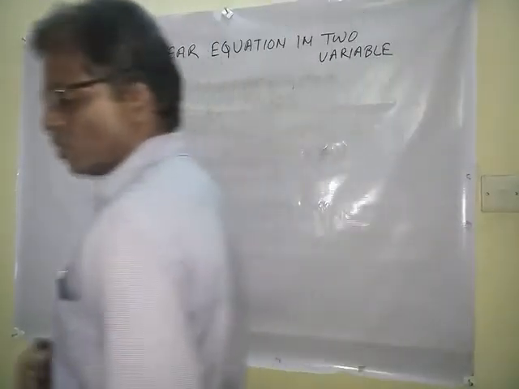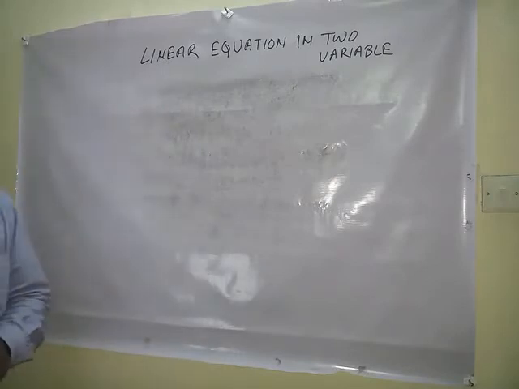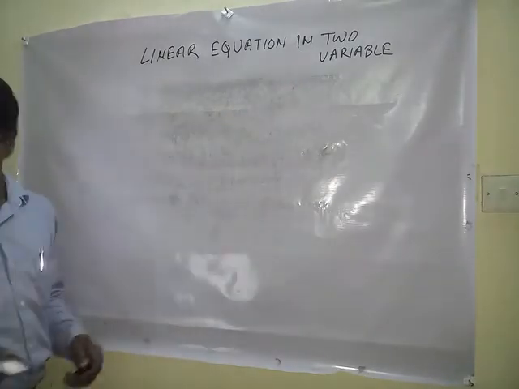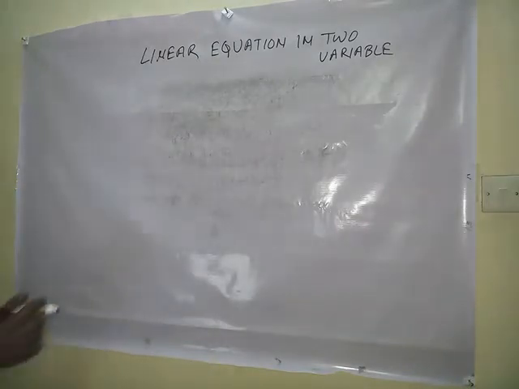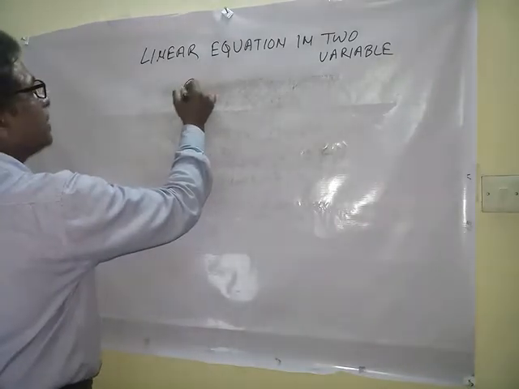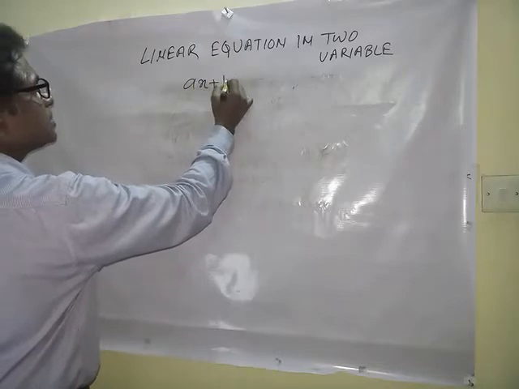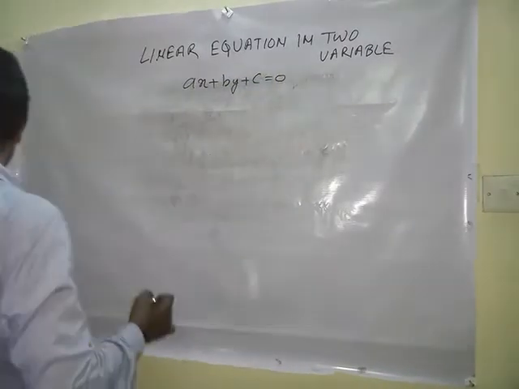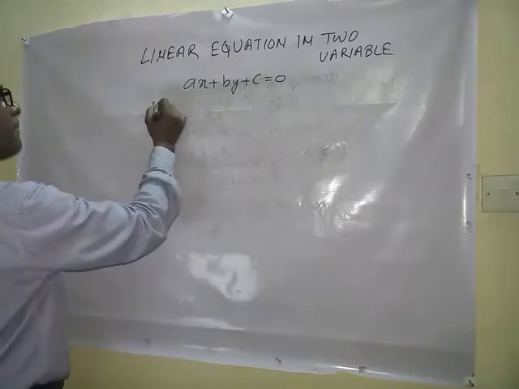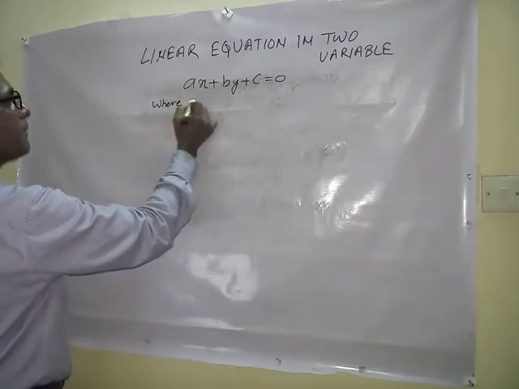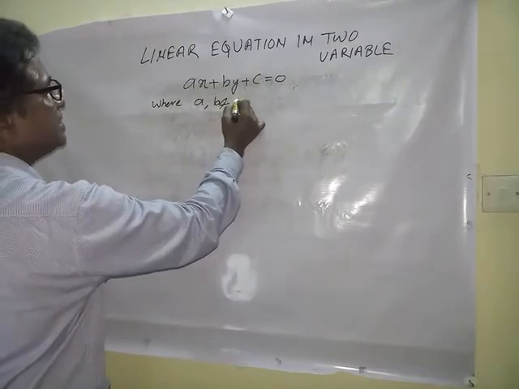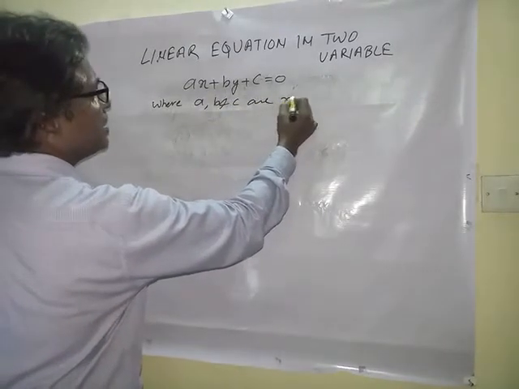Let us look at another chapter of class 9, linear equation in two variables. What is a linear equation in two variables? It is ax plus by plus c is equal to 0, where a, b and c are real numbers.